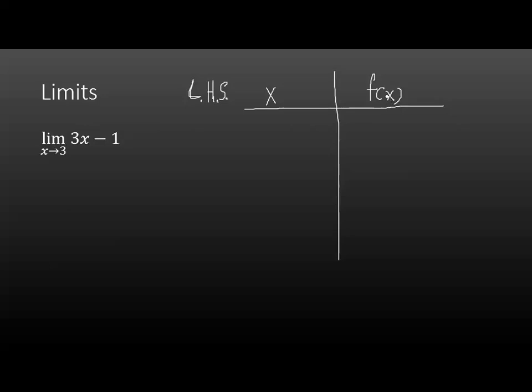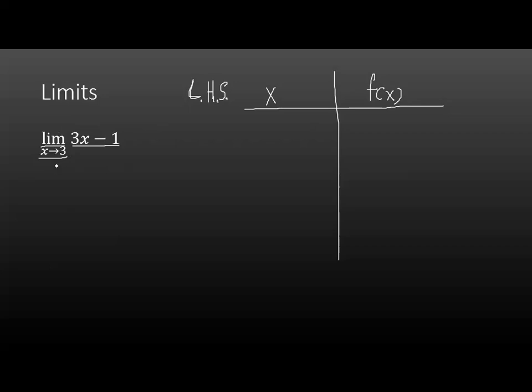So the way we describe this is the limit of 3x minus 1 as x approaches 3. All right. So now let's find values that are closer to 3 from the left side.